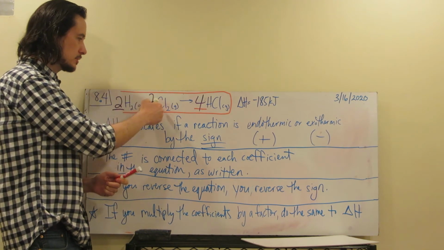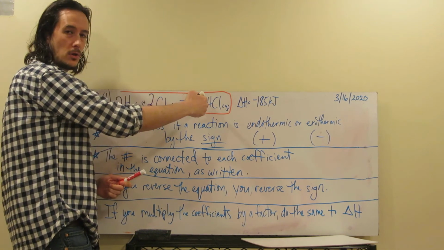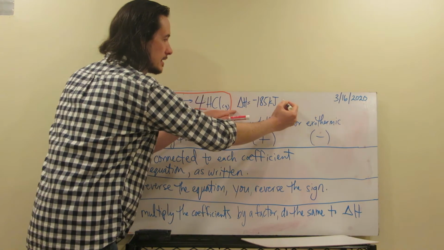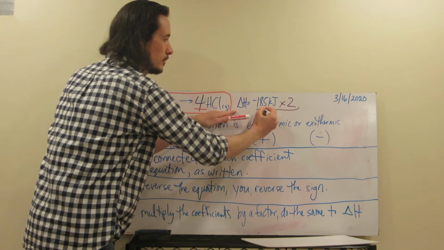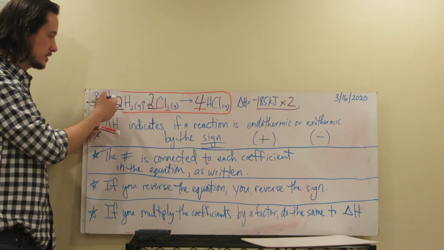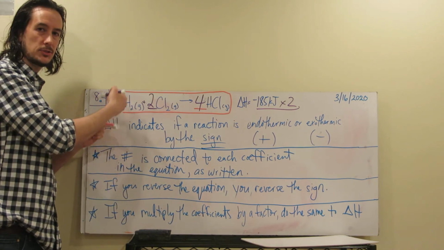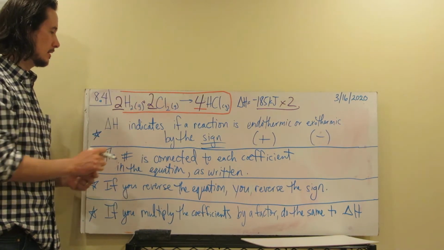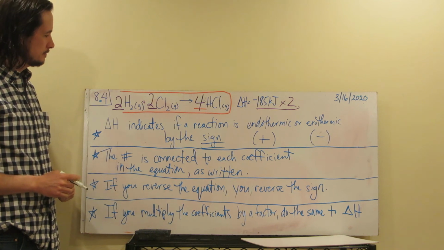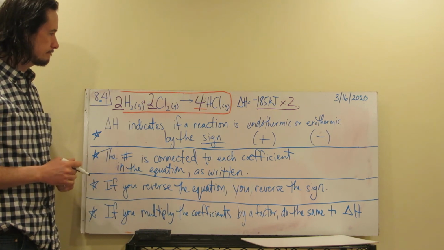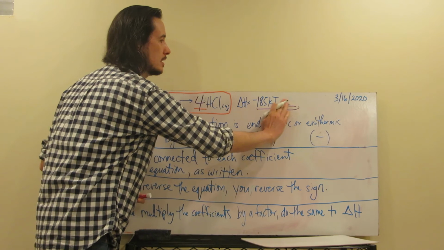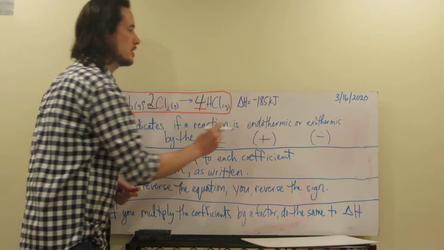But if it was 2 and 2 and 4, we've doubled all of the coefficients so that delta H should also double, right? Because the equation is talking about twice as much H2.